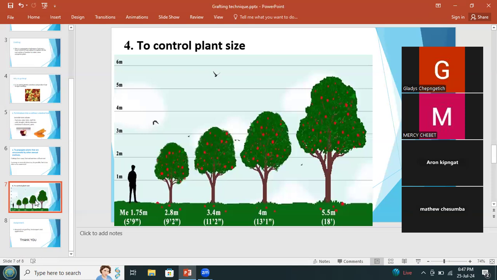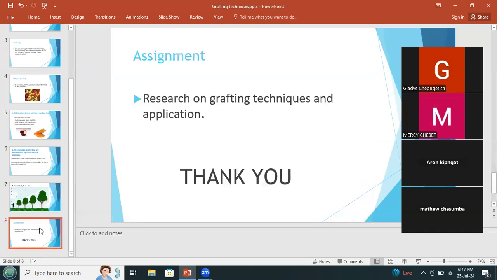So you will graft that one so that you'll get a tree which isn't very tall. And that one will be very easy during the time when you'll be harvesting. Okay, class?